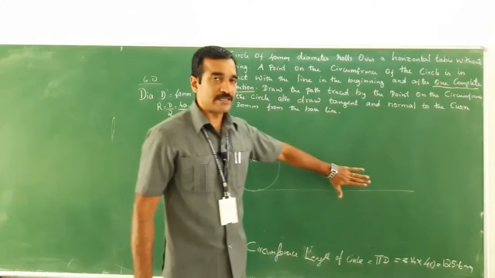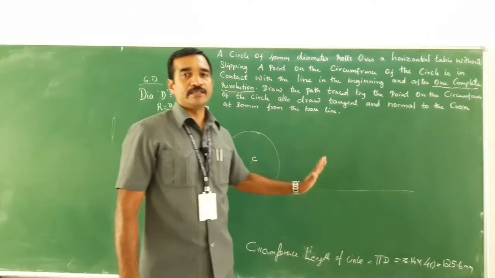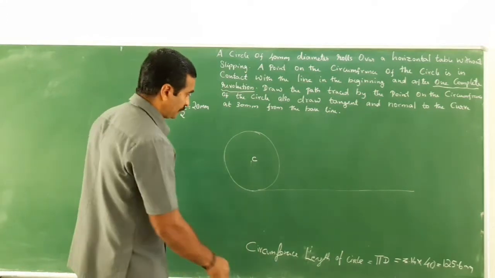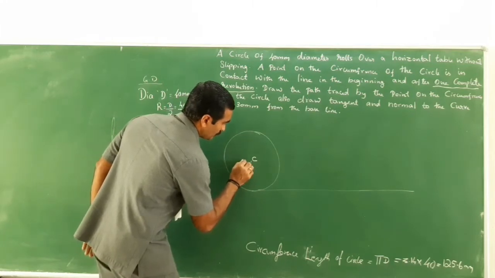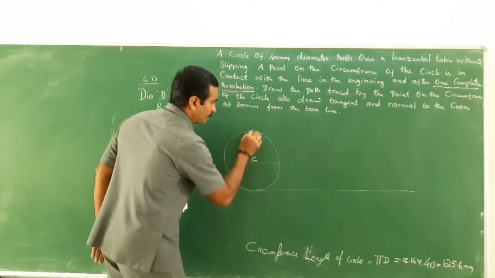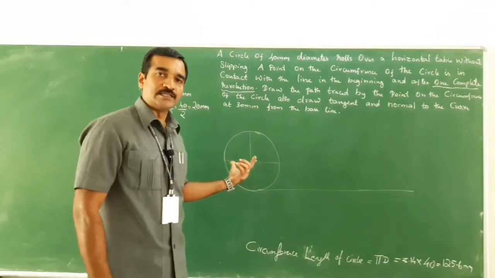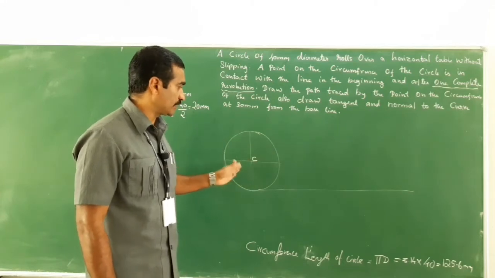Simultaneously, the baseline also I am going to divide into 8 equal divisions. So, draw a horizontal line and a vertical line. Now I have split this circle into 4 equal divisions, sector 1, sector 2, sector 3, sector 4.